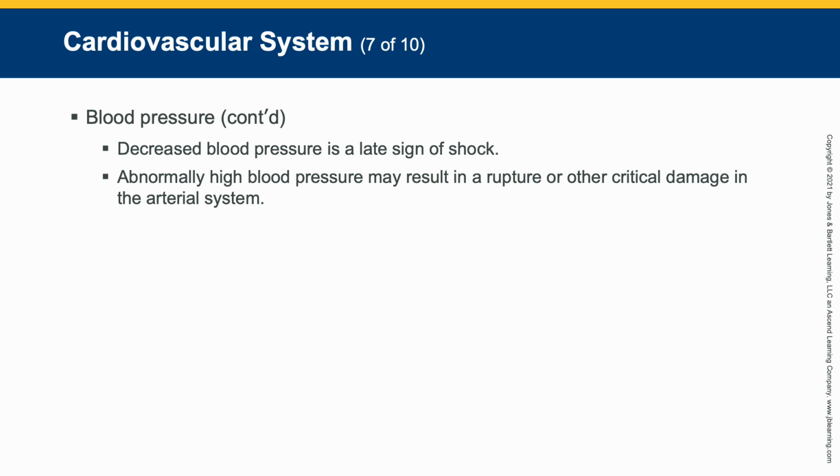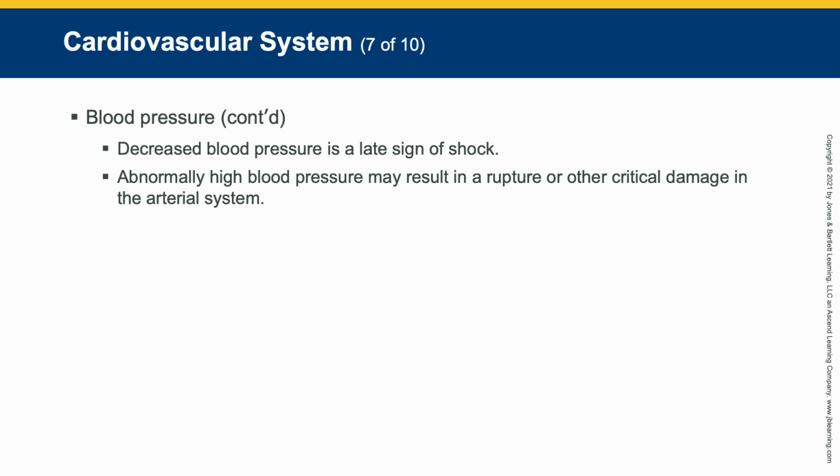Now, a blood pressure trend is often more valuable than a single reading. For instance, a patient whose systolic blood pressure drops from 118 to 94 over 15 minutes may be showing a sign of progressive shock, even if the final number isn't critically low. That sudden drop in pressure or a widening gap between the systolic and diastolic numbers may indicate some type of internal bleed, maybe a cardiac tamponade.